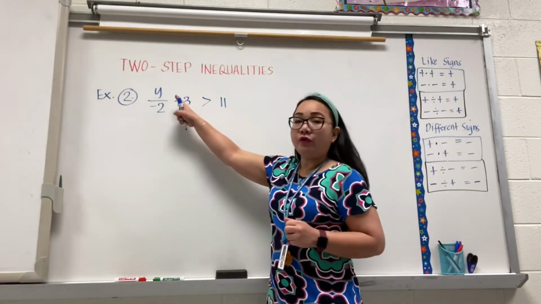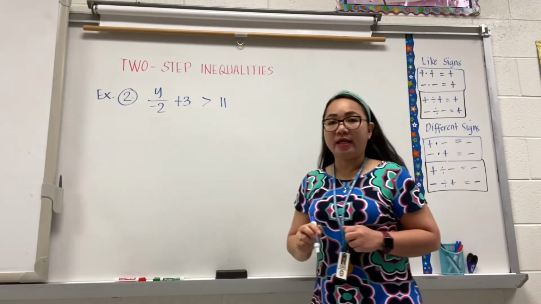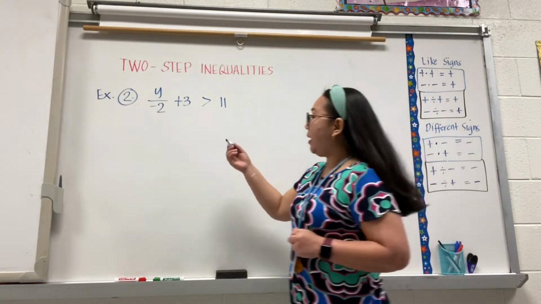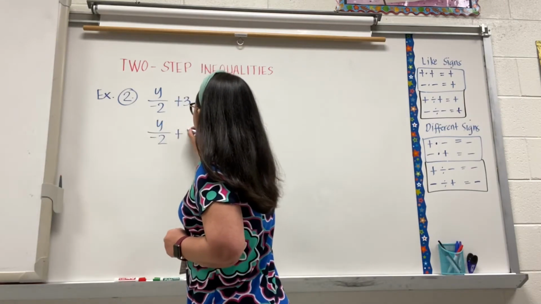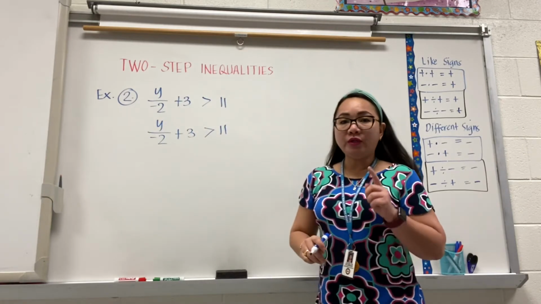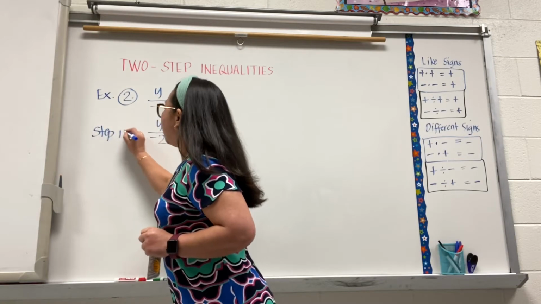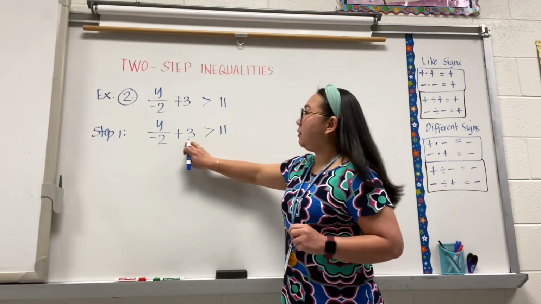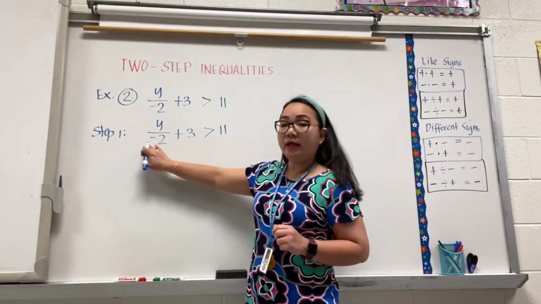Okay, solve y over negative 2 plus 3 is greater than 11. So write the inequality again. Y over negative 2 plus 3 is greater than 11. So we will do the first step. We will eliminate positive 3 here, and we will also eliminate negative 2.